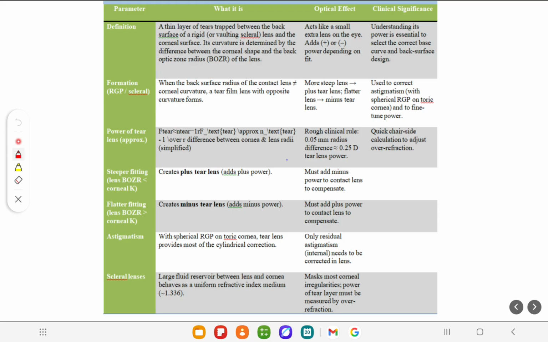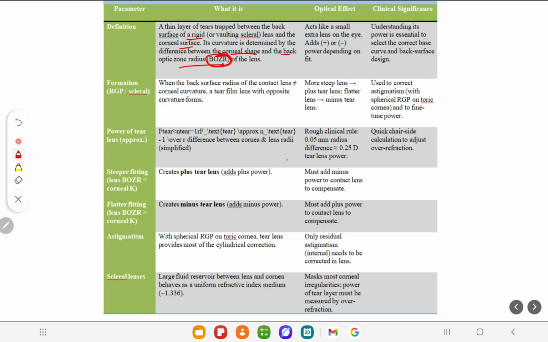So basically, a thin tear layer is trapped between the back surface of the rigid lens and the front surface of the cornea. Its curvature is determined by the difference between the corneal shape and the back optic zone radius, because the back optic zone radius of the contact lens creates the front surface of the tear lens, and the corneal surface creates the back surface of the tear lens.